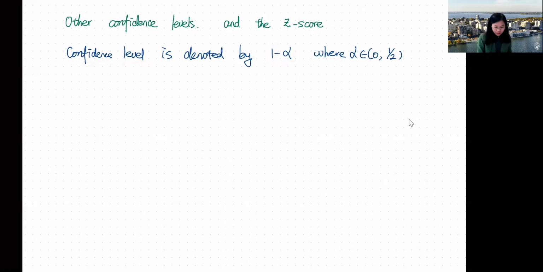You might wonder why we use 1 minus alpha, not alpha, to denote the confidence level. Well, that's just a convention: alpha denotes the smaller number, while 1 minus alpha denotes the confidence level for the confidence interval.